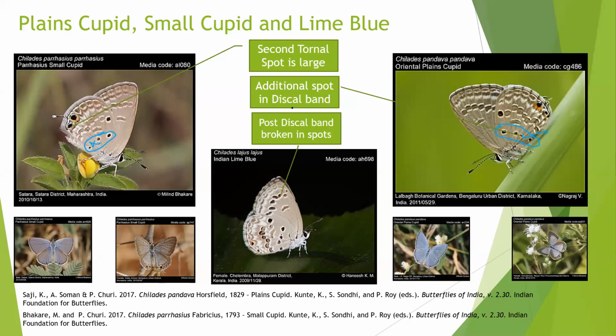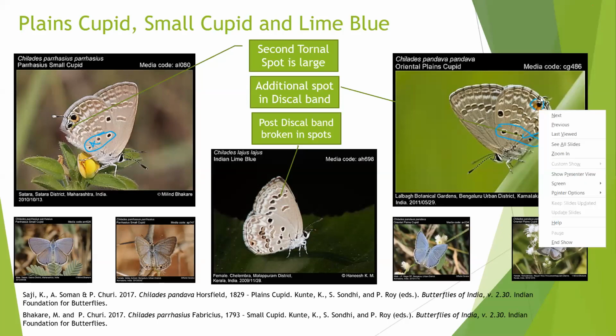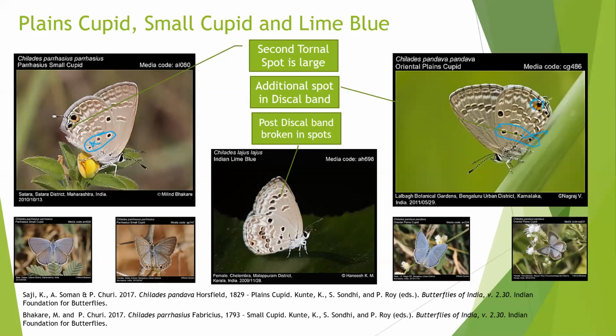When you find a plains Cupid without the 4th spot, which is in between the second and the last one, these 2 spots. You see this spot here, which is sometimes absent. In that case, you will see the tonal spots. In case of plains Cupid, the tonal spots are dissimilar. One tonal spot is very much reduced.